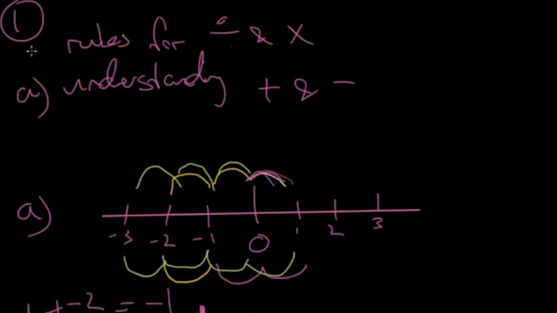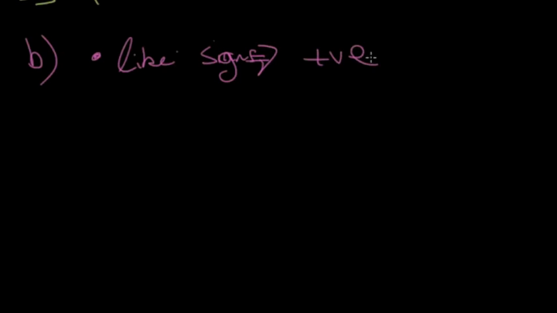So that was that first thing, A. And what about B? Rules for division and multiplication. So the rules here, I'll just write them out for you. Like signs give positive.